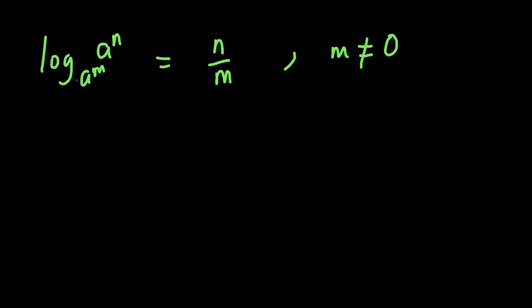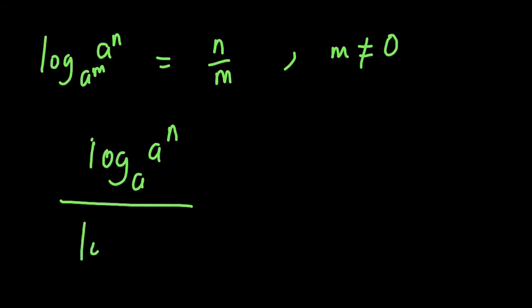The way we can solve this logarithm is we already have a power here. So this is the same as log a of a to the n over log a of a to the m.